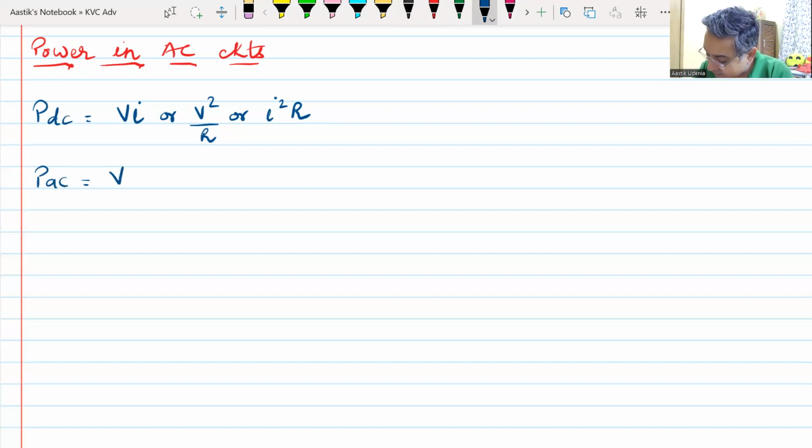Power in an AC circuit is given as V RMS I RMS multiplied by cos of phi.